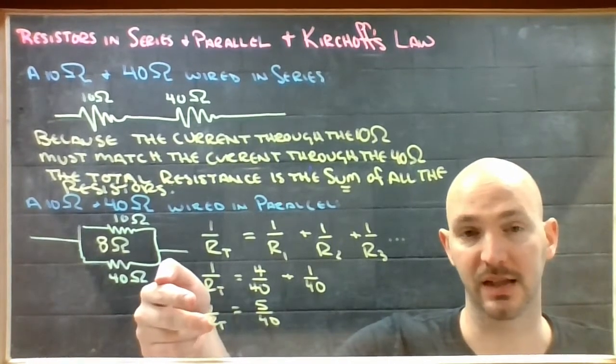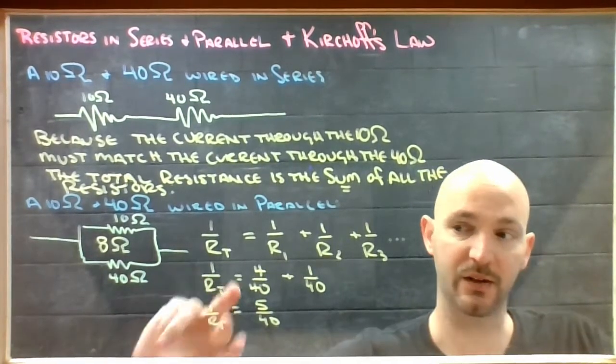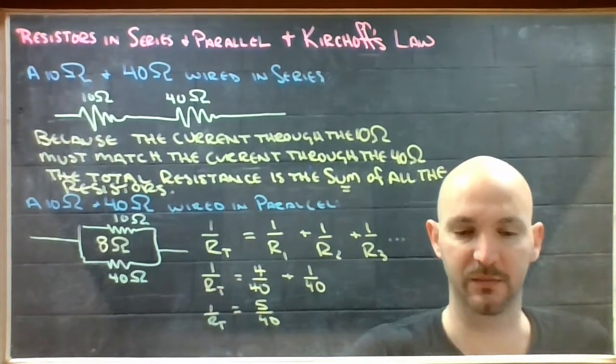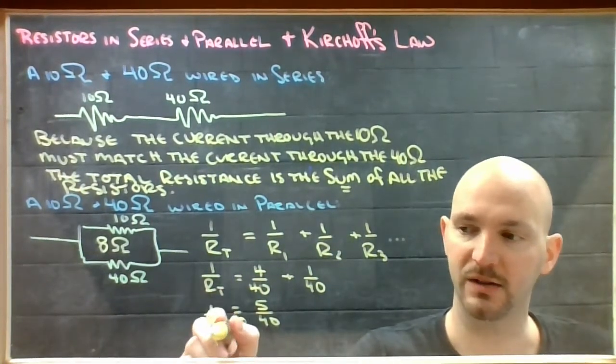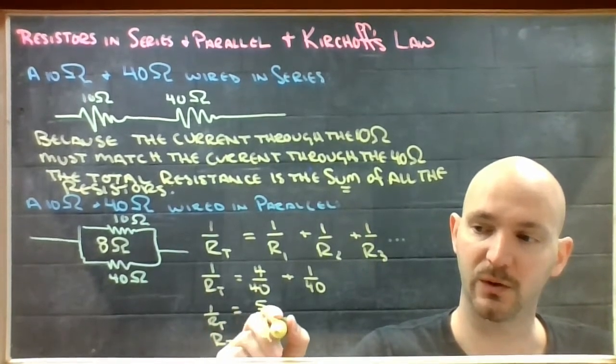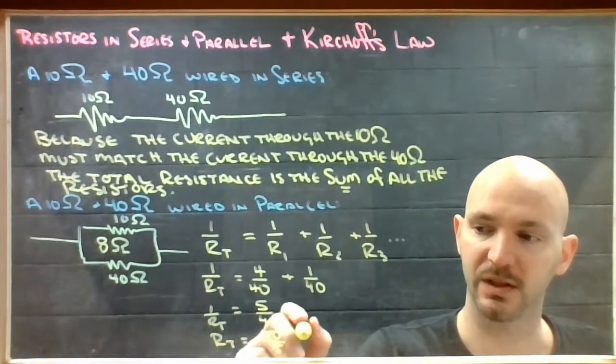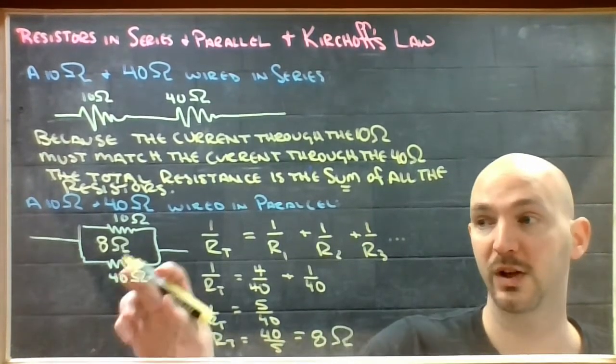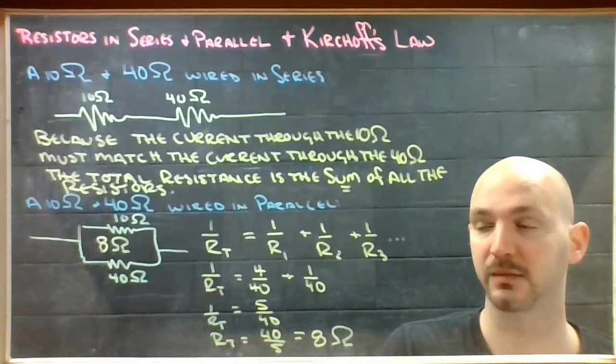And I notice that this fraction is upside down, so I could fix that if I took both fractions and reversed them. So I'd end up with RT equals 40 over 5 instead, and 40 divided by 5 is 8 ohms in total, which is what I had going there.